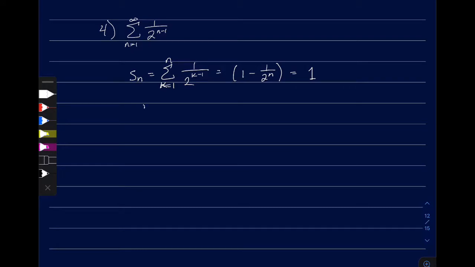So our series converges because the sequence of partial sums converges, and we can just say that this series is equal to 1.